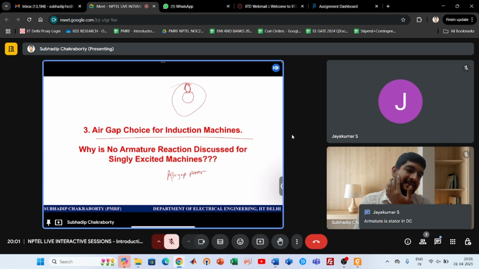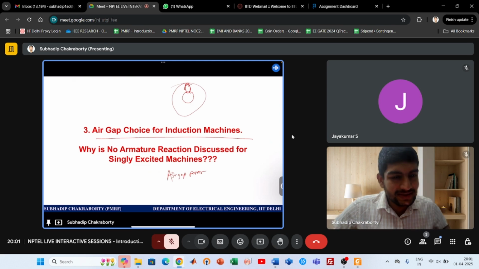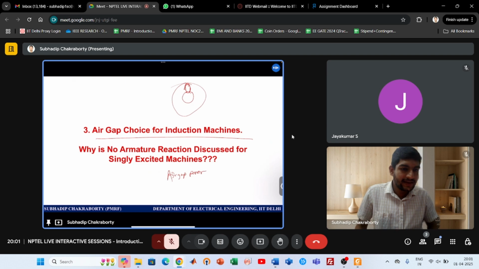Armature is in the rotor in the DC machine. Please see it once again. Armature is sitting in the rotor in the DC machine. In all the AC machines, the armature or the power circuit is sitting on the stator.